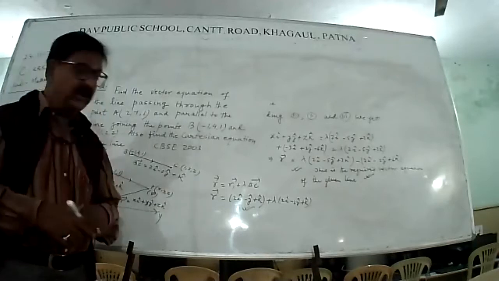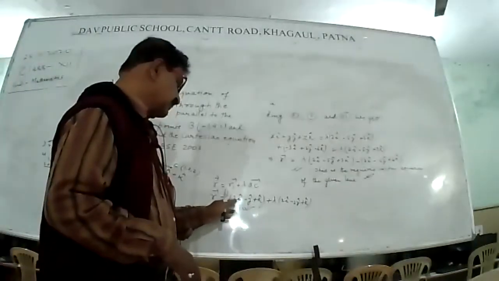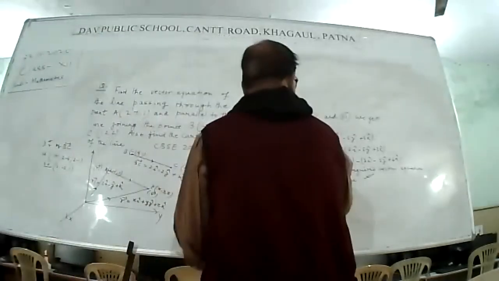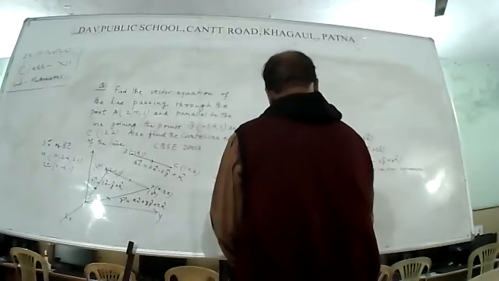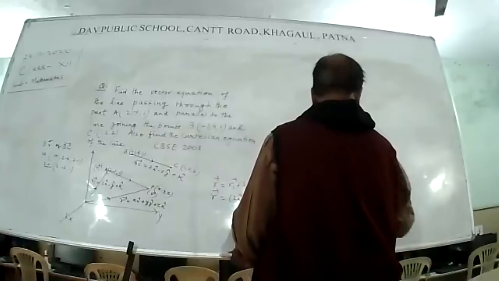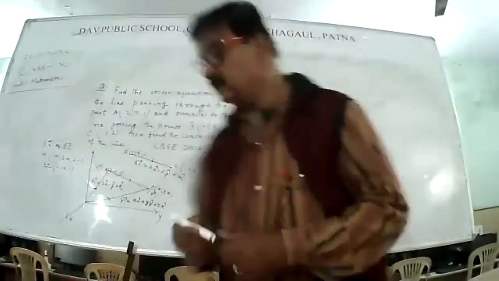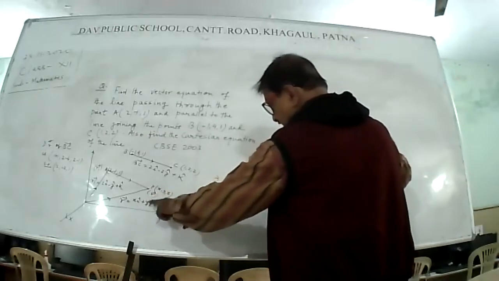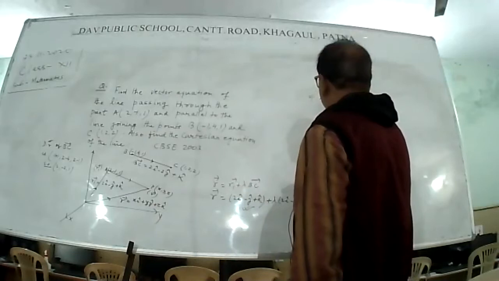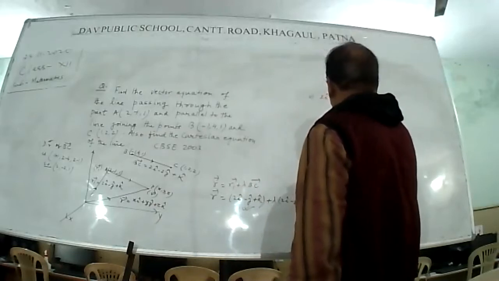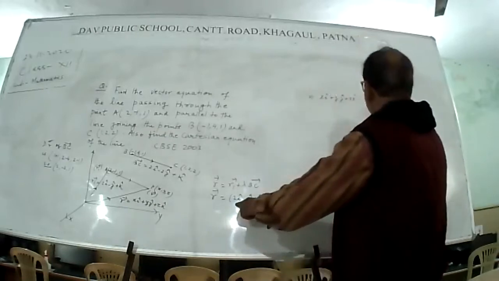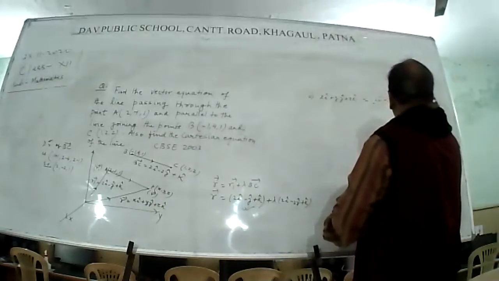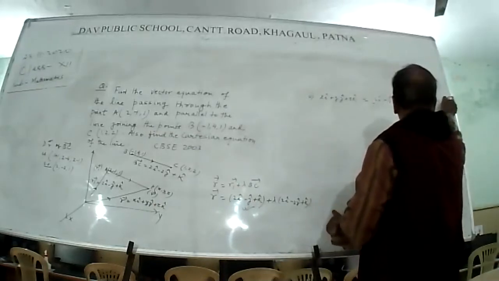For the Cartesian equation, we just convert this equation into Cartesian form. r vector means x i unit vector plus y j unit vector plus z k unit vector, which is equal to 2i unit vector minus j unit vector plus k unit vector plus lambda times 2i unit vector minus 2j unit vector plus k unit vector.